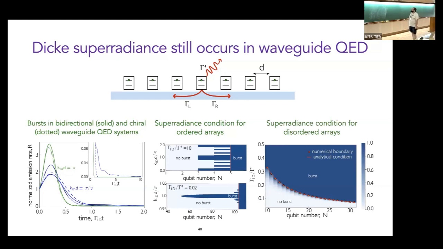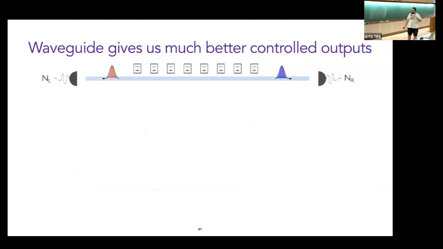And again, you can just see essentially the higher my optical depth, the more of my light that is usually radiated into my 1D bath, the fewer atoms I need to be able to see all this physics. What the waveguide gives us that's nice, which you don't get in free space, is I have very controlled outputs, right?